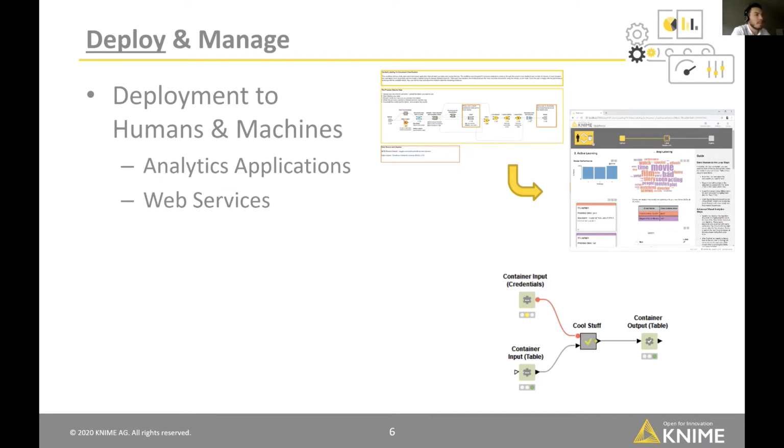And here you can see an example of this. So here on top, we have a workflow that has been developed using KNIME Analytics Platform. And some of you might already know that in KNIME Analytics Platform, you can create components. And this is also what Paolo briefly introduced earlier.